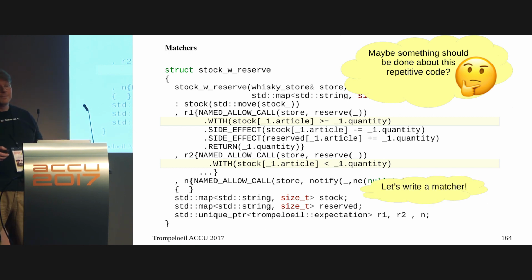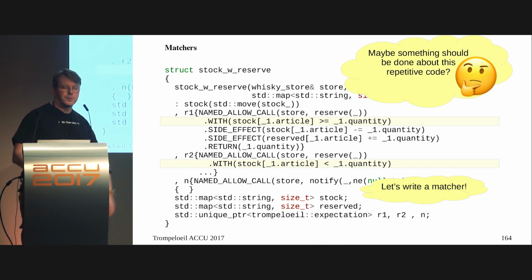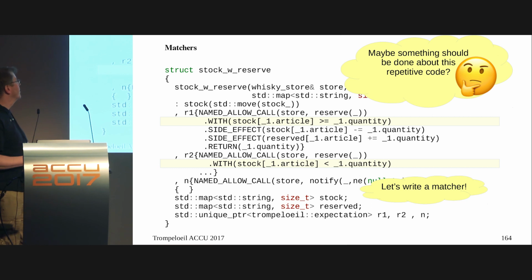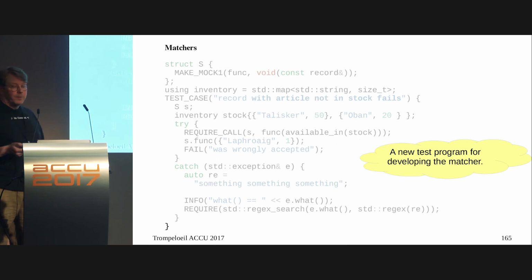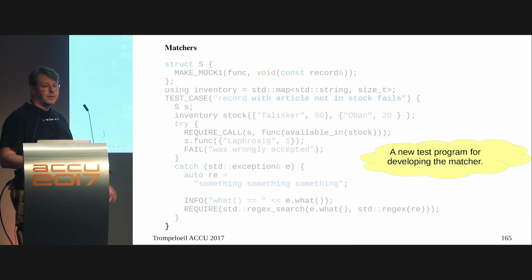So let's write a matcher. Trompeloeil has matchers provided for you, but we can write our own: a matcher that checks that a value is one that matches the amount given in a map. So how do we write a matcher? Well, you use test-driven development. We start a new test program specifically for this matcher.